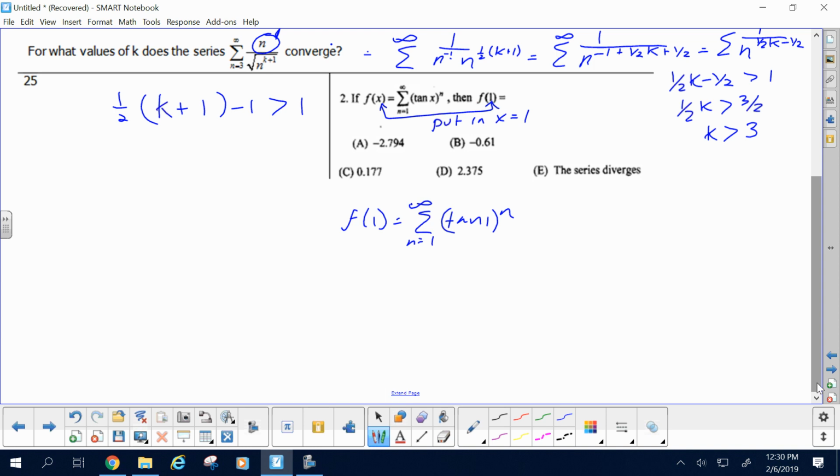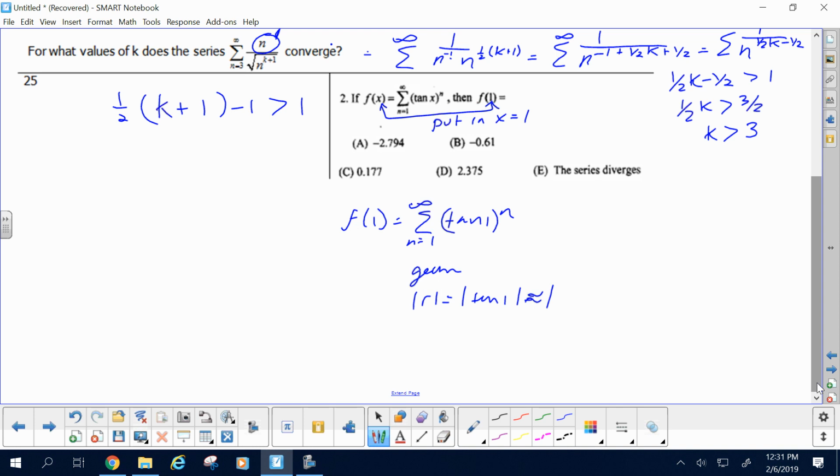What series is that? Feels like it's geometric. Tangent of 1 is a constant, to a power. It's geometric. Actually, I should be able to do that without.